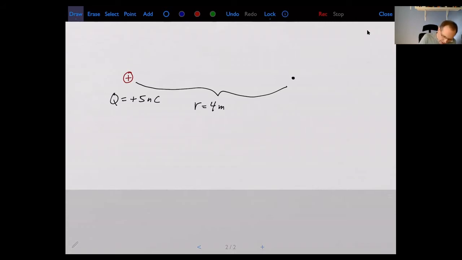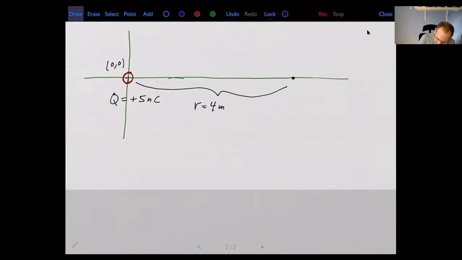By the way, it's sometimes helpful to set up a coordinate system. Let's say this is my x axis and then my y axis. So I put the point charge right at the origin, which has coordinates 0, 0.